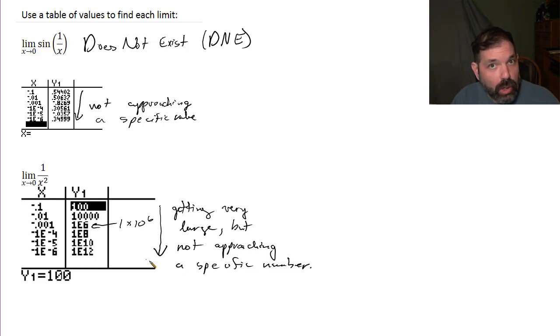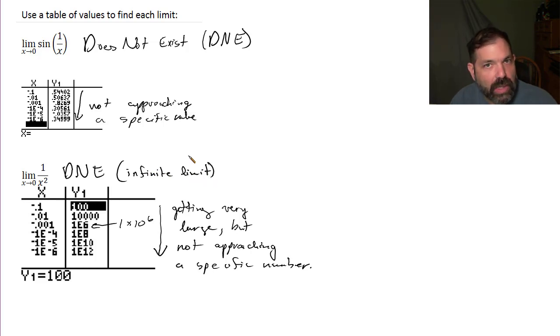So what we're going to say for now is this limit does not exist. Later on, when we discuss it a little more, we will say that this is an infinite limit. For now, we're going to say it does not exist. Later on, we'll revise this.